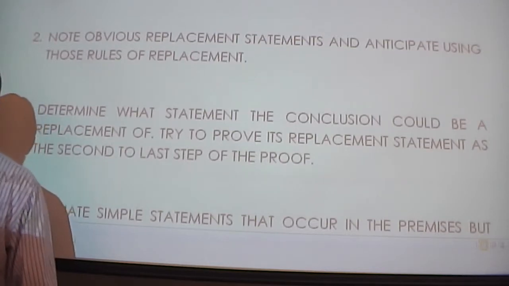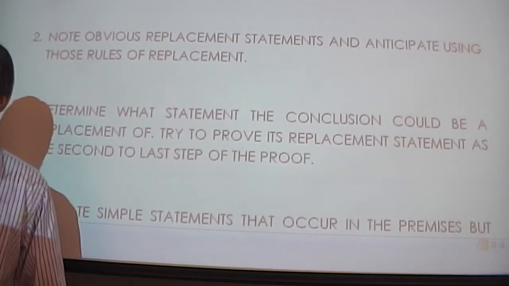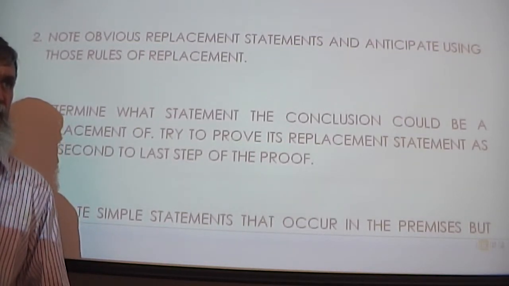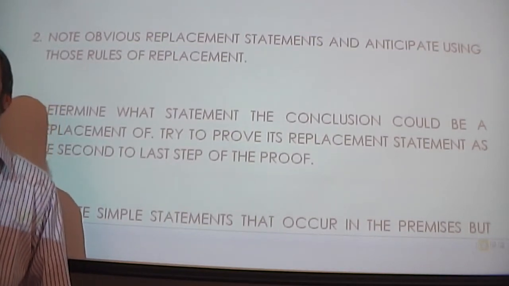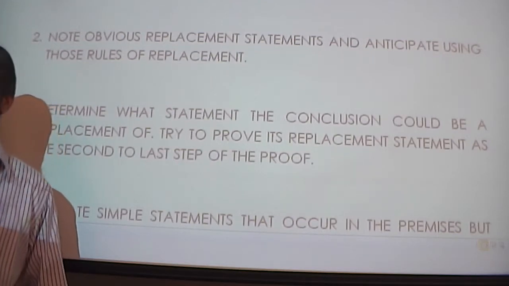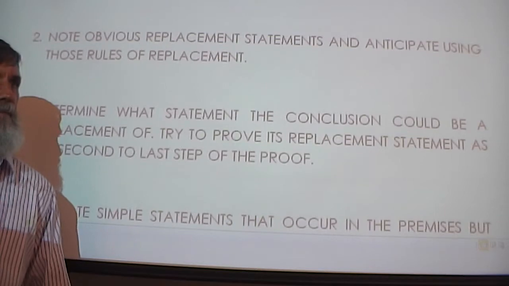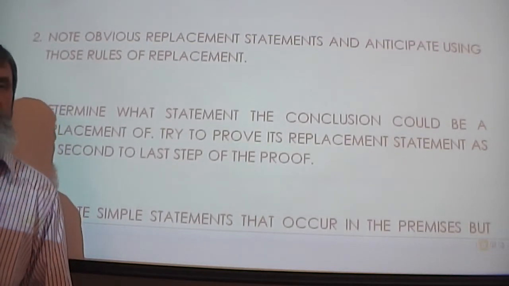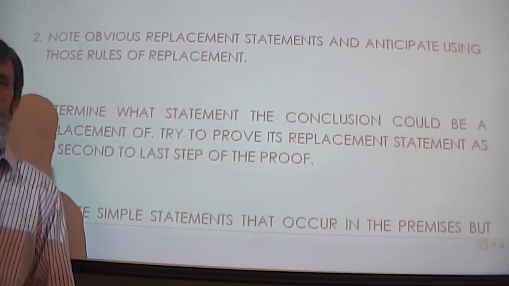But when you've got a proof like that, the aim is to derive the immediately preceding step to that conclusion and then replace it. Well, how do you know what that would be? If the conclusion is an obvious replacement statement, then we can determine what it replaced, okay? And that will be the goal of our proof, to derive that second to the last step and then just substitute the conclusion for it.